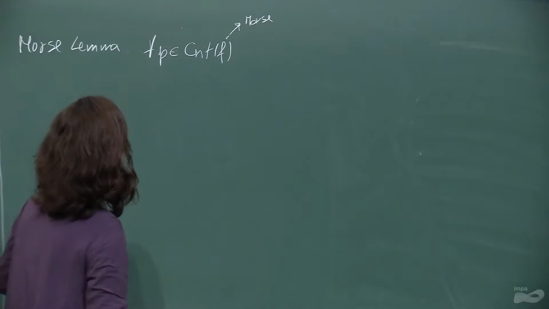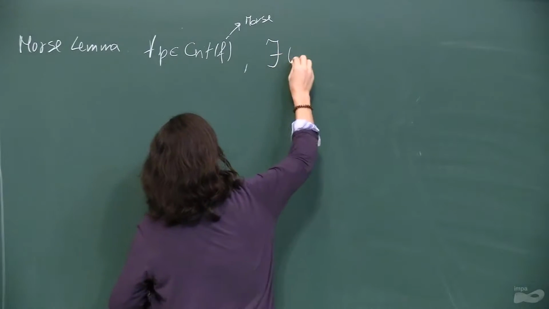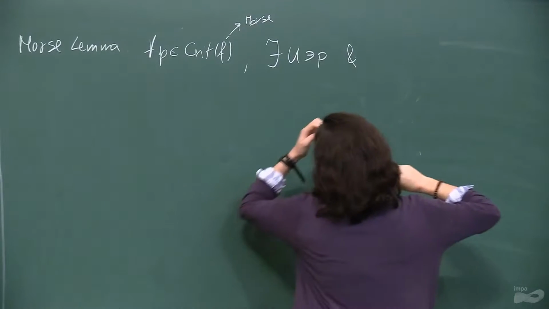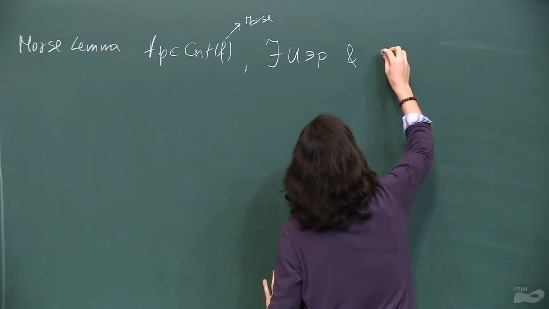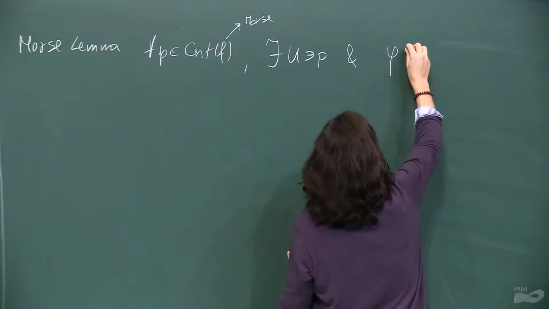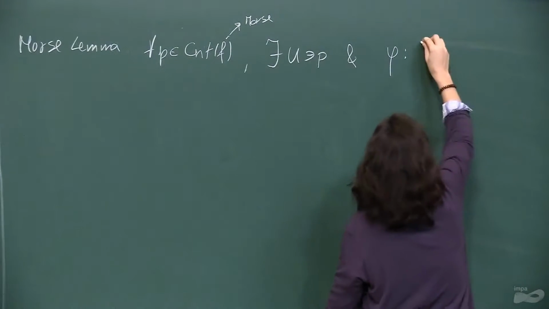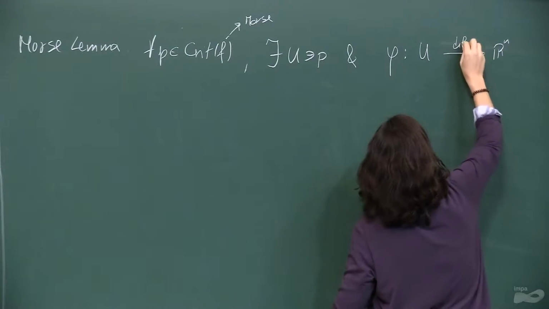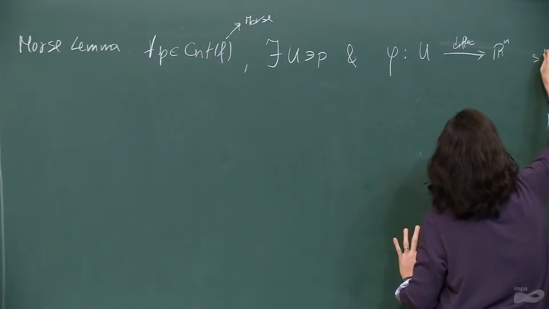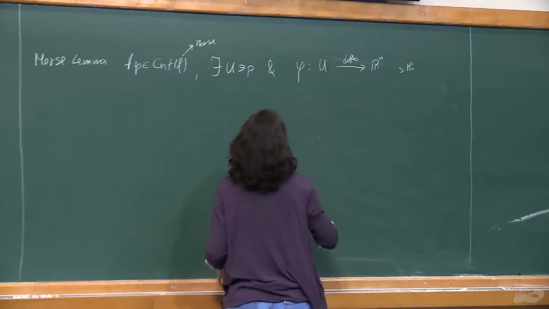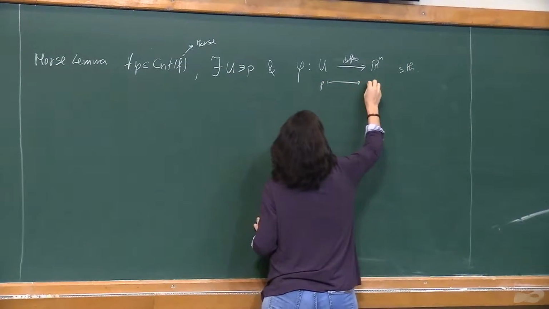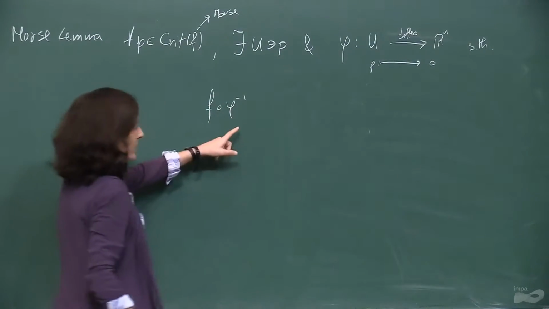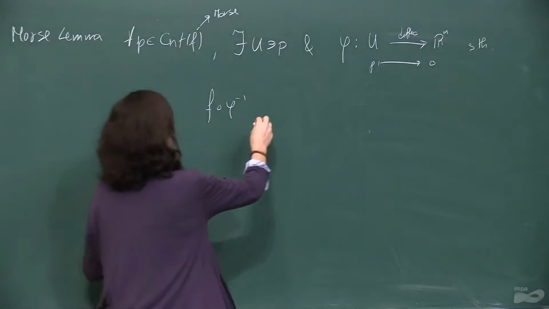For all critical points P, I know there exists a neighborhood U of this point P, and there exists a diffeomorphism, which I'll call phi, from this neighborhood U to Rn, such that, so here let's assume that P is sent to 0, such that f composed with phi inverse, so I can find coordinates where f takes this form.